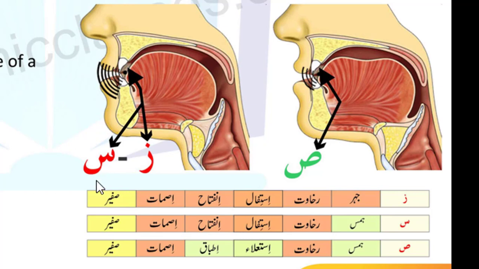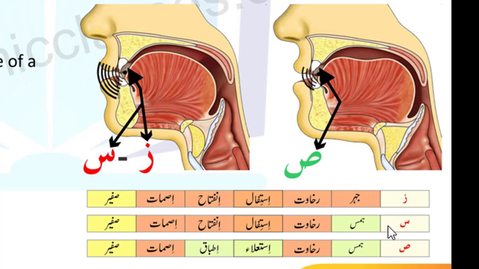So the safir quality is in all of these 3 letters, in za, in sin and in sad. If the safir quality is in all these 3 letters and also the makharij of these 3 letters is the same, so what is the difference? The other qualities make the difference.